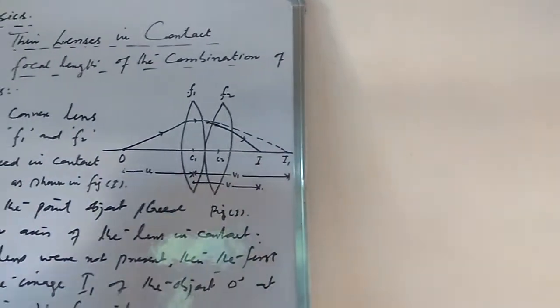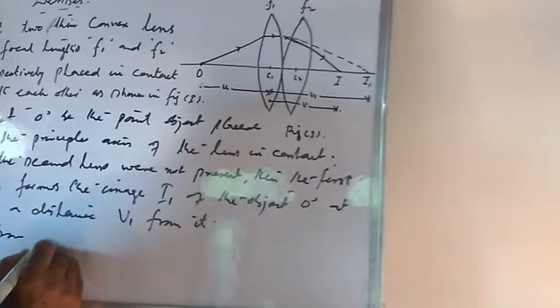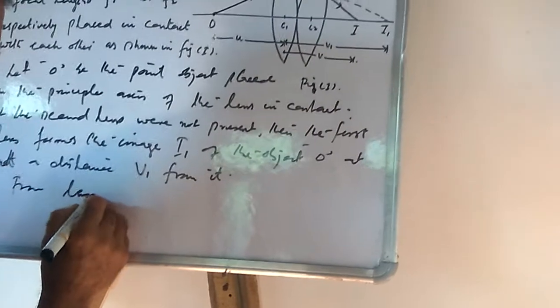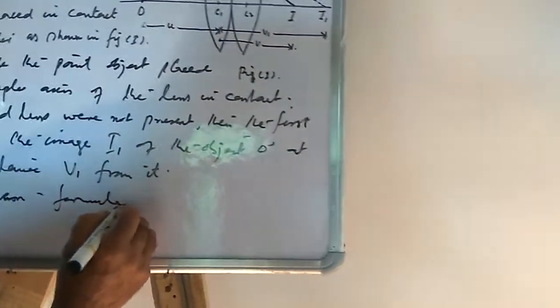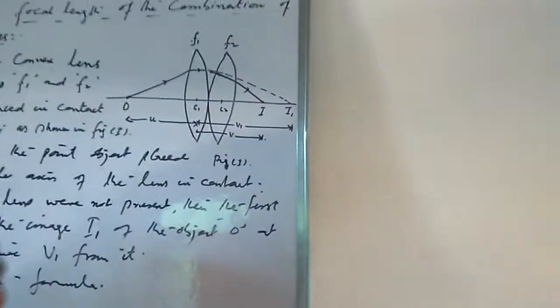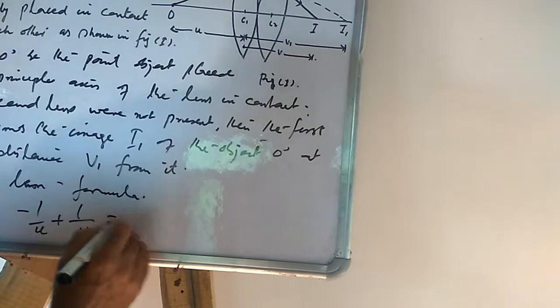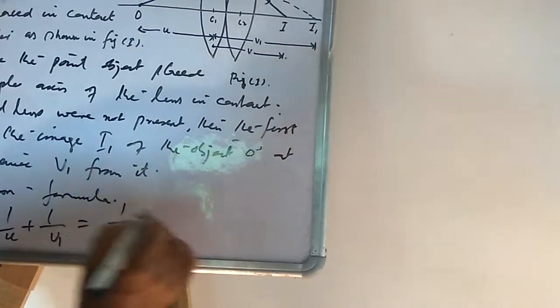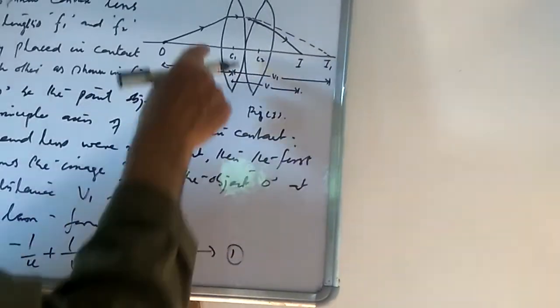Now from the lens formula, the object distance is u and the image distance is v1, so minus 1 by u plus 1 by v1 is equal to 1 by f1. Why f1? Because the focal length of the first lens is f1.